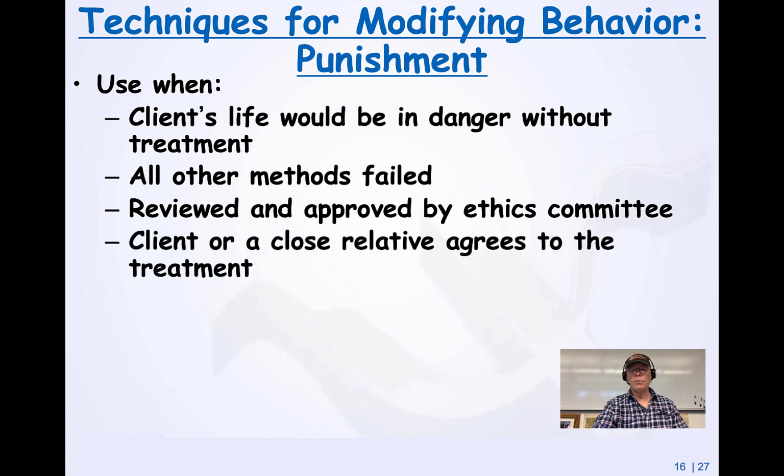And if the client is not able to, so they're like somebody who has psychotic breaks and is not able to deal with reality, you'd need to get a close relative to agree to the treatment.